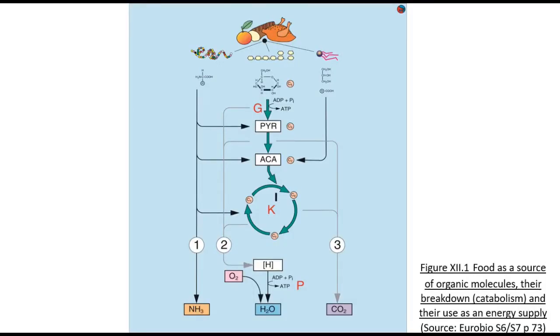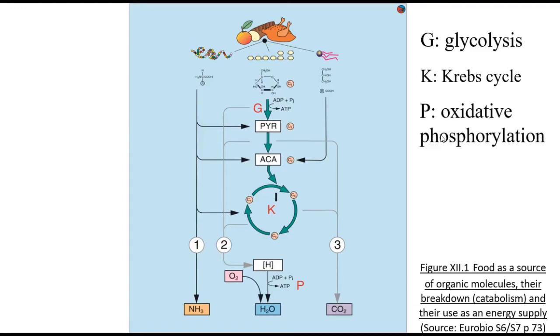To illustrate what I've just said, we're going to use this Eurobio document. We're going to start by labeling a few things. G is for glycolysis, K is for the Krebs cycle, P is for oxidative phosphorylation. So you already know these big sets of reactions. PYR is for pyruvate, and ACA is for acetyl coenzyme A.